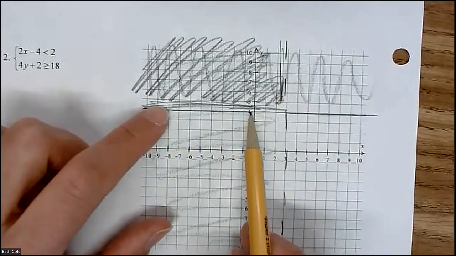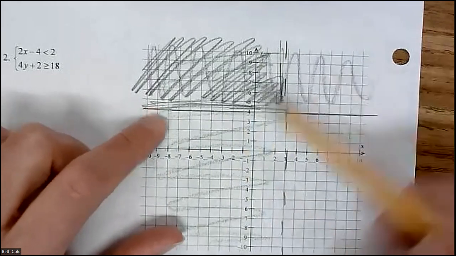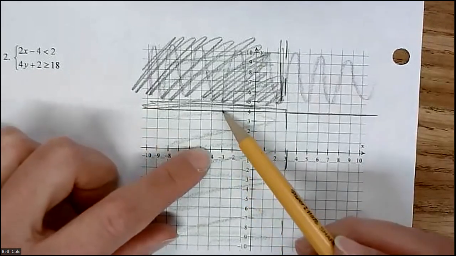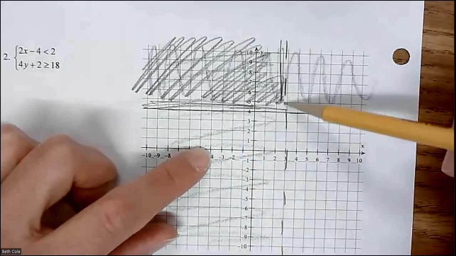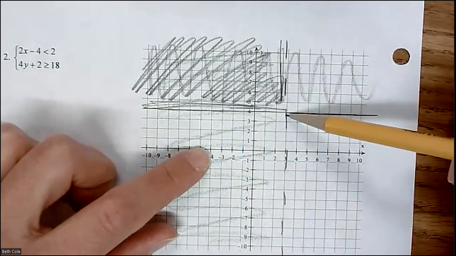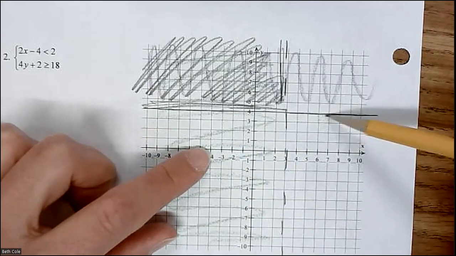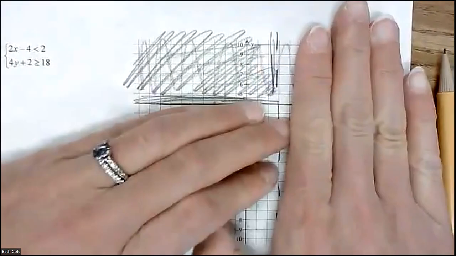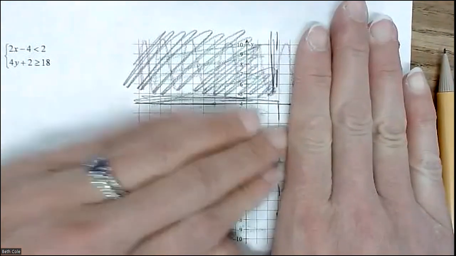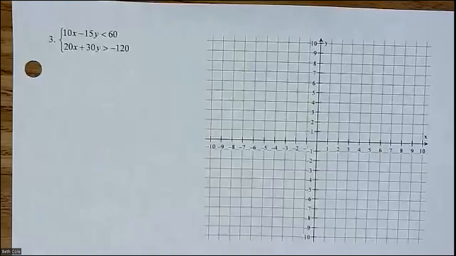Yeah. Yes. -3, 4. How about, yeah, -3, 4? That would be an answer. How about along this part of the dotted line? No. How about the intersection? No. How about points over here? No. You only want that part. Cool? Yeah.